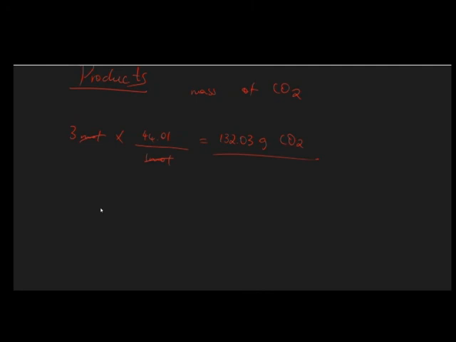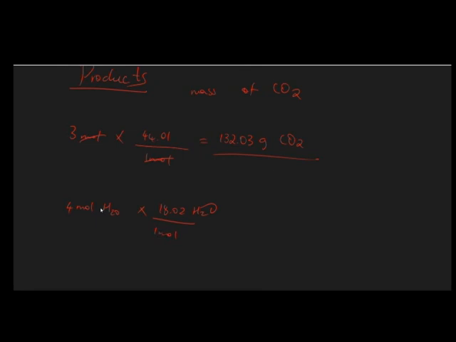Then we go to water. How many moles of water do we have? We have 4 moles of water. And what is the mass of each mole? 18.02, and then it's 1 mole. You know why we rounded it up?